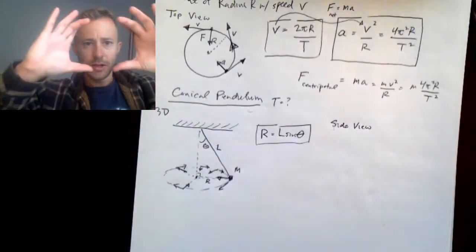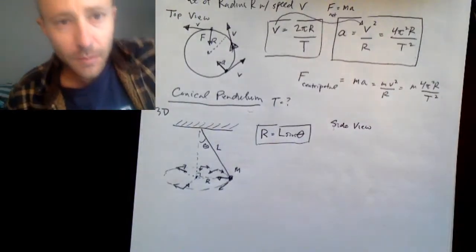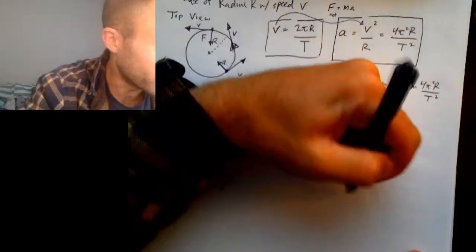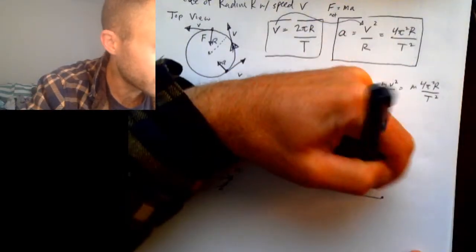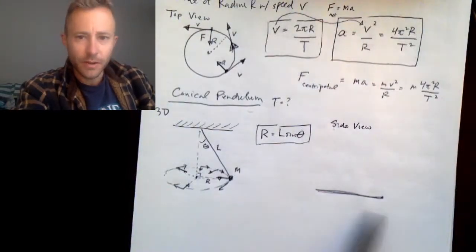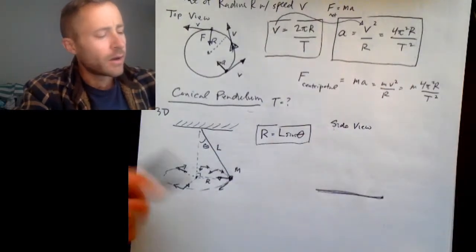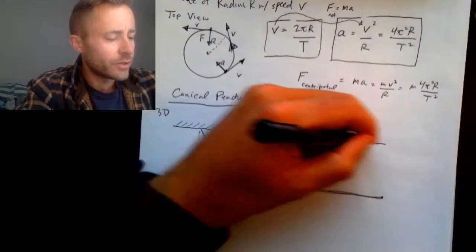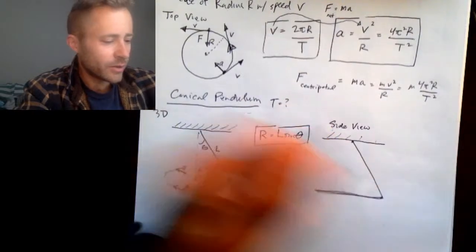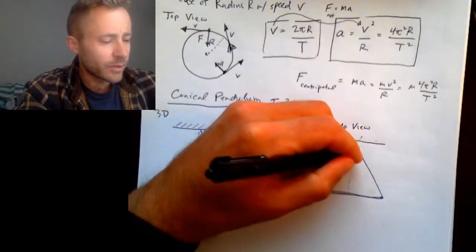If you're looking at a circle from the side, it just looks like an edge. So you would just see the particle going back and forth, because it's circling out towards the camera. And then here's the ceiling, and there's the string that goes out here, and then this would be the angle theta.